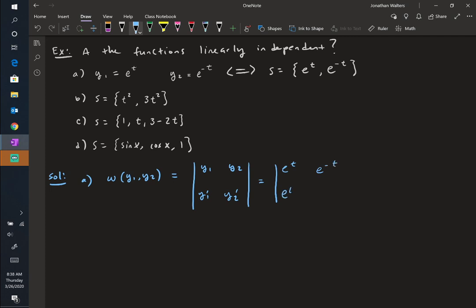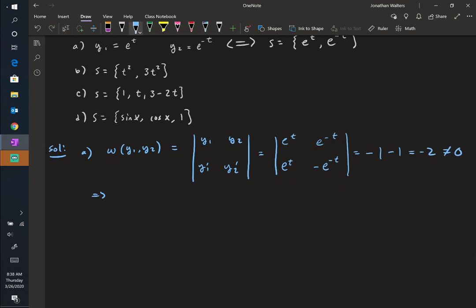That's just e to the t here, and then negative e to the negative t here. Now, that determinant is going to be negative 1 minus 1, which is negative 2, which is not 0. Therefore, set is linearly independent.